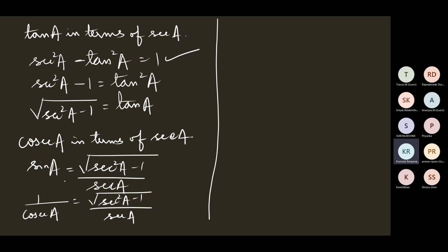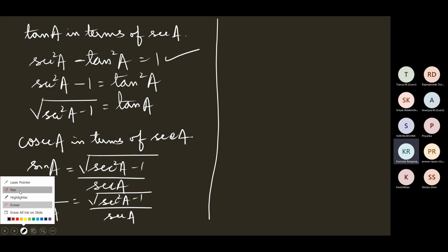Here on the LHS we have written the equivalent: sin A is also 1 by cosecant A. You have written the equivalent of sin A, not the reciprocal. If you take the reciprocal on the LHS, take the reciprocal on the RHS; otherwise write the RHS as it is.